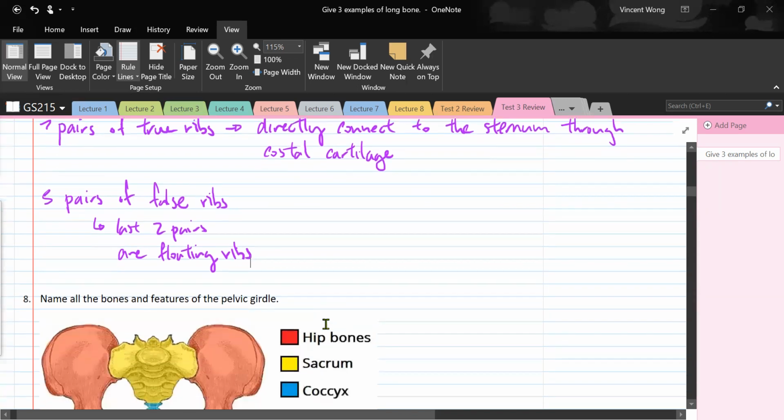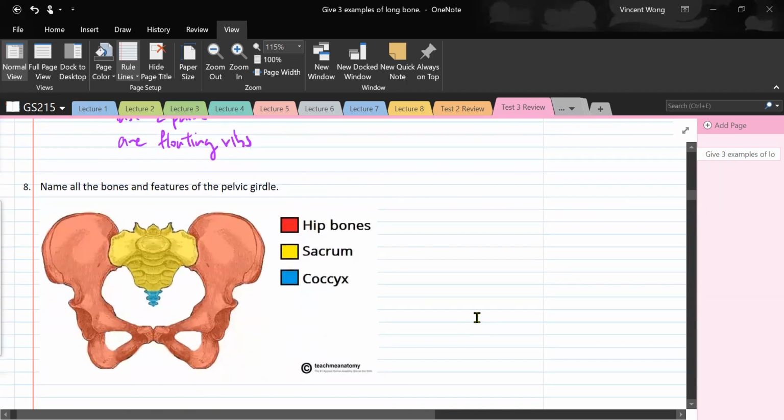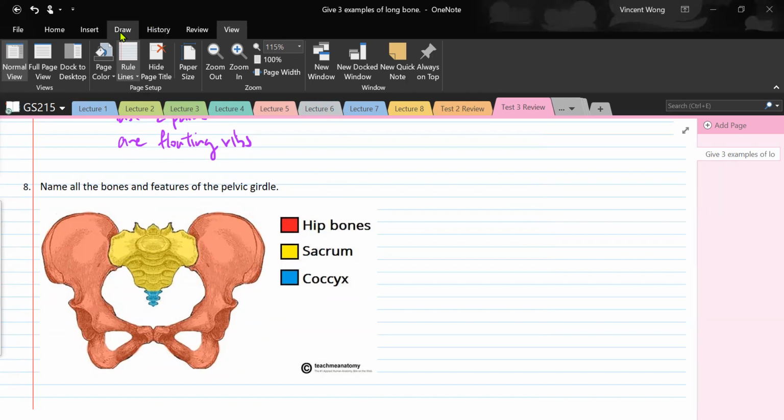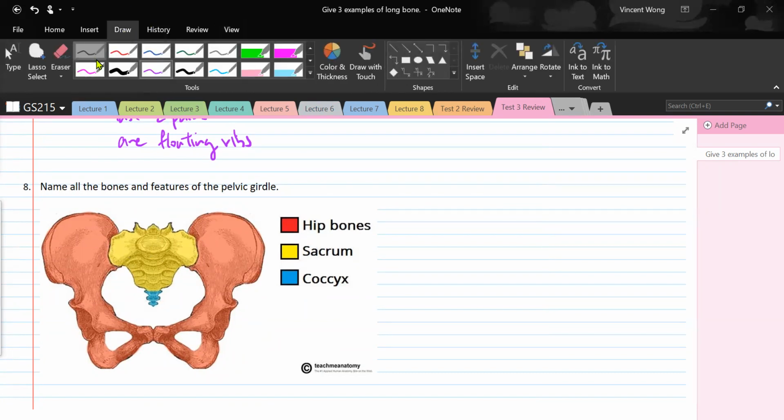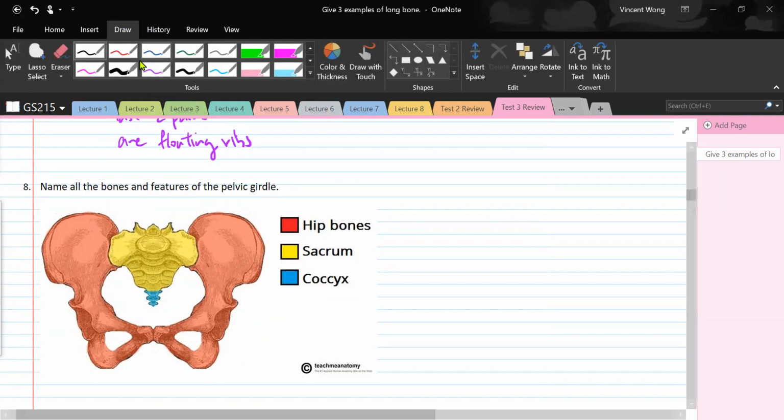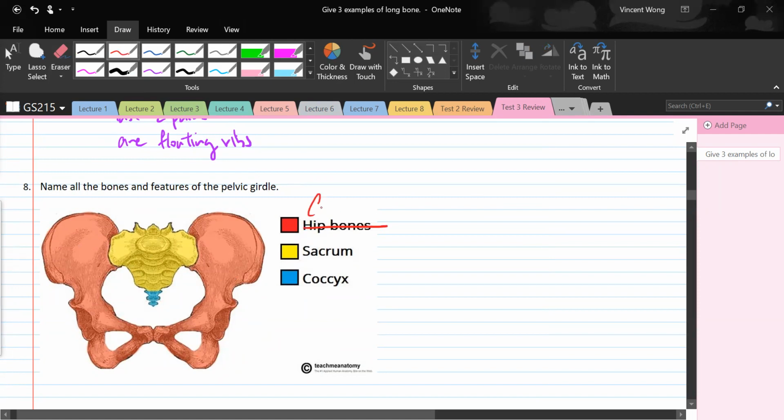Okay, next one. Name all the bones and the features of the pelvic girdle. I just have a picture here that we can use as reference. We did this already in the study guide, but it's good to go through them again. So the red stuff here is called the hip bones, but in class we call it the coxal bones.